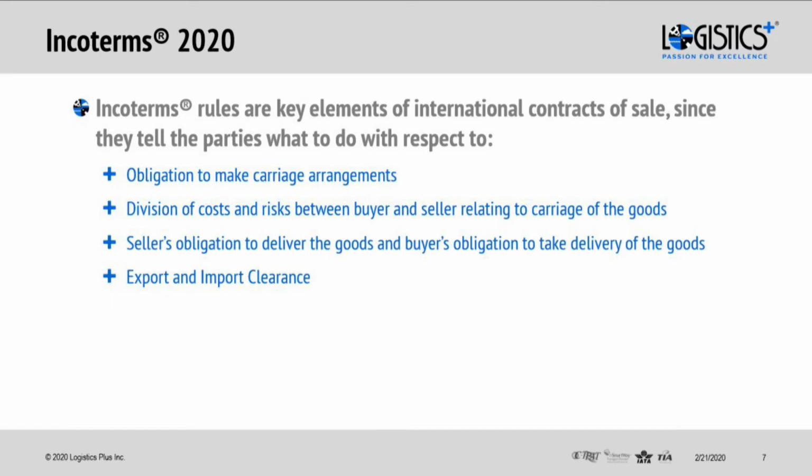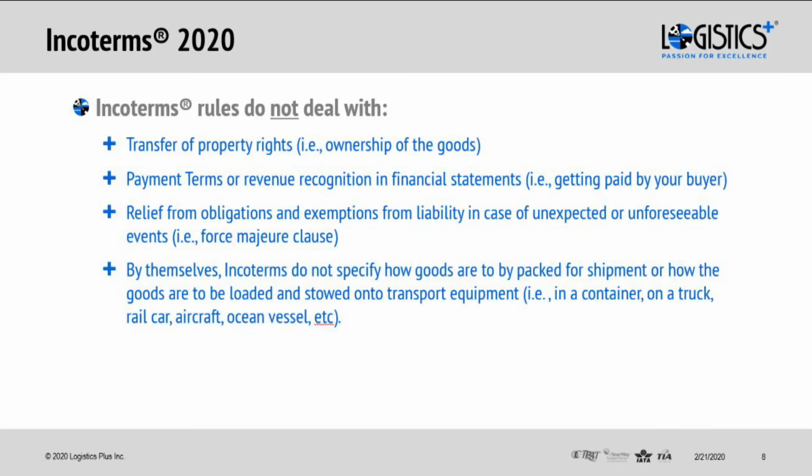And so each of the Incoterm rules tell us very clearly whose responsibility it is and when to arrange for the carriage, pay for the carriage, and who's taking on the risk for loss or damage.